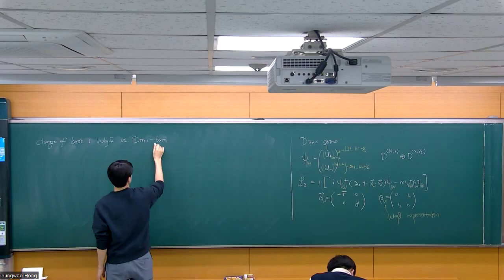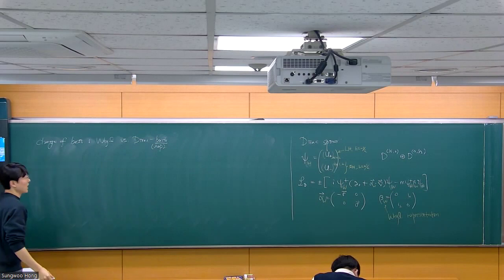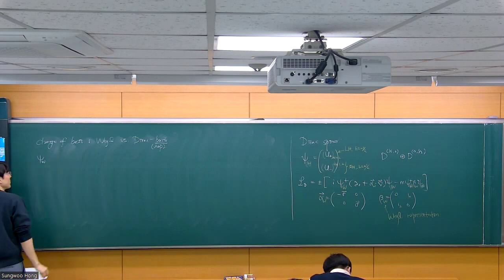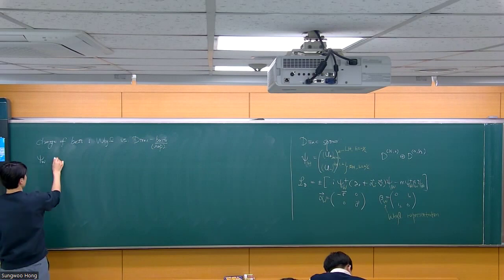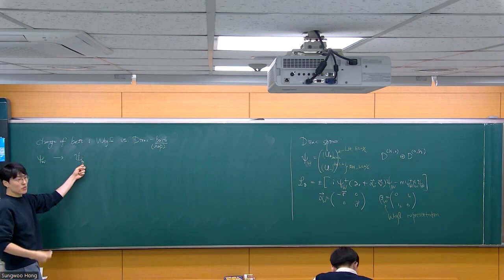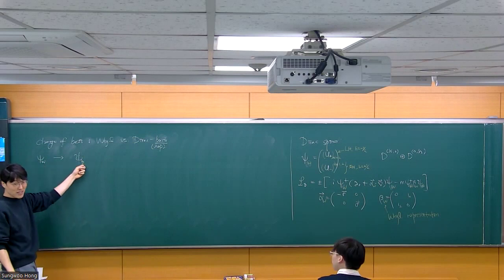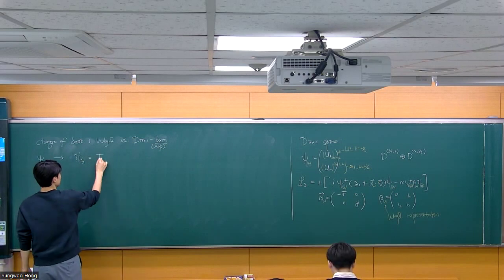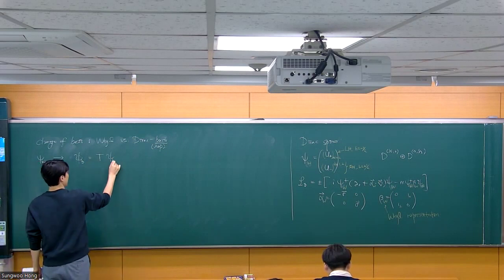Or later on, we're actually going to talk about the representation of something, which has not been introduced. So what I do is that starting from the Weyl basis, this 4-component spinor, I'm going to make a change of basis by multiplying it. So now I'm going to define the D basis. Now D is really a name tag for the basis. Okay, it is some invertible matrix times that thing.